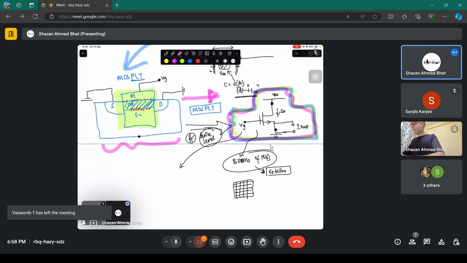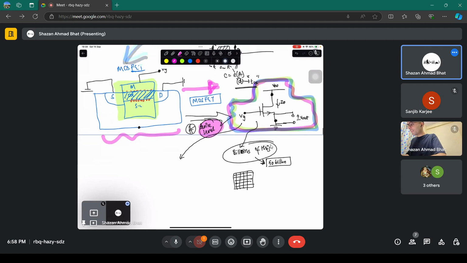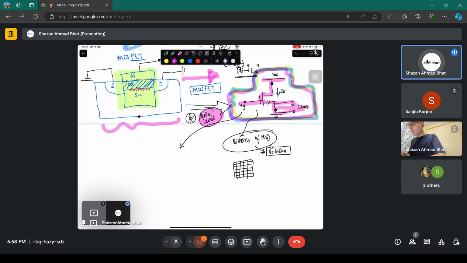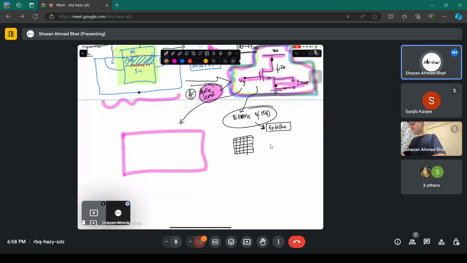Just a layman level right now I'm talking about. But after this, there is a job of the circuit designer to assemble these single MOSFET units into a circuit, and to utilize it in such a way that it does a particular task.